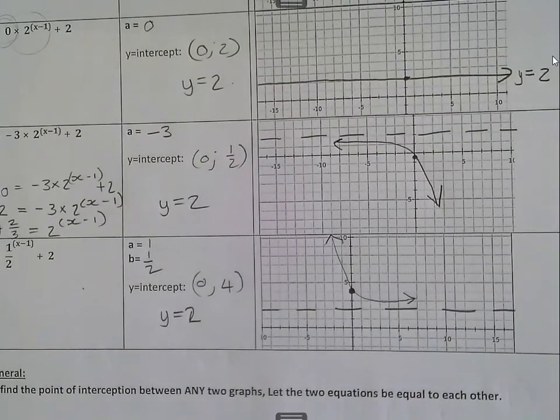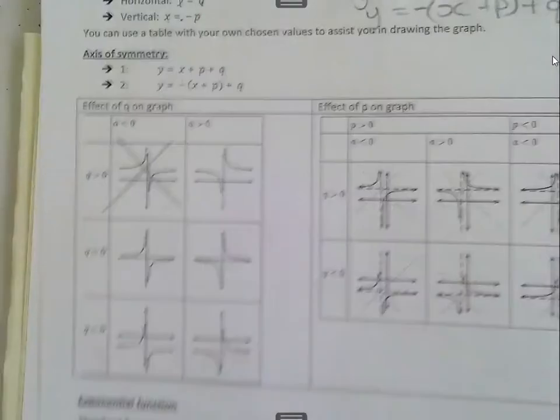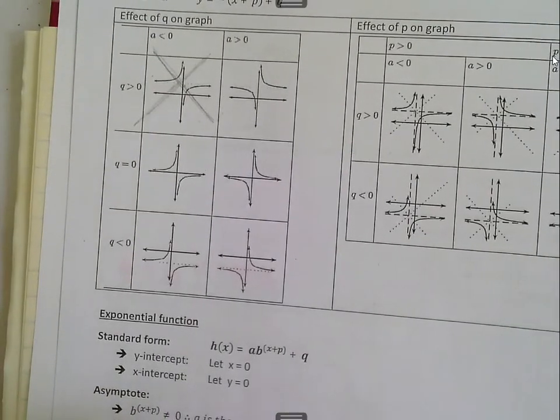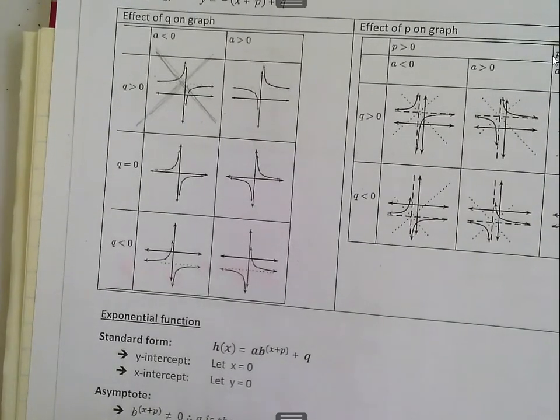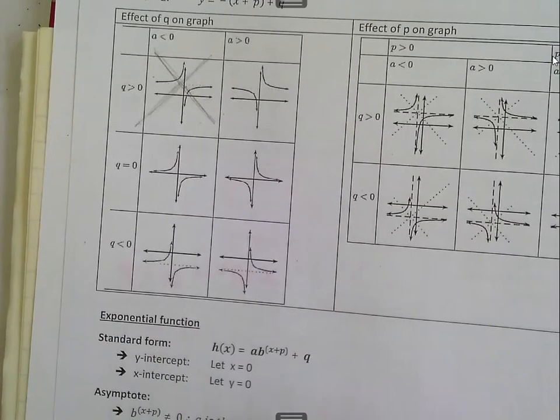Okay, so I just want you to take one step back to this page where we wrote down: if it's a positive A and B is greater than or equal to 1, the graph is going to look like this.